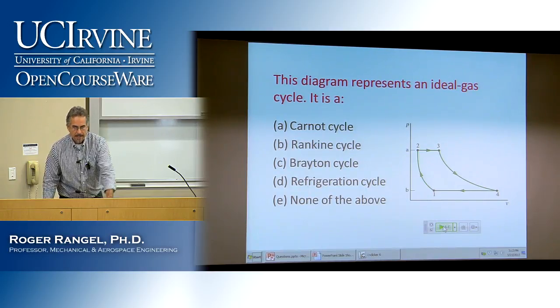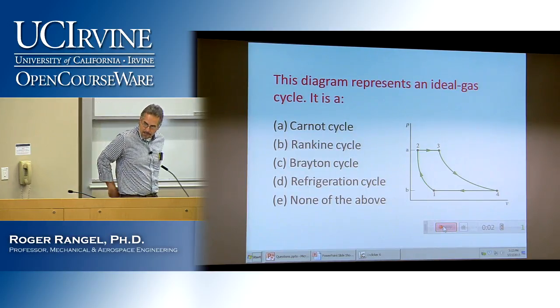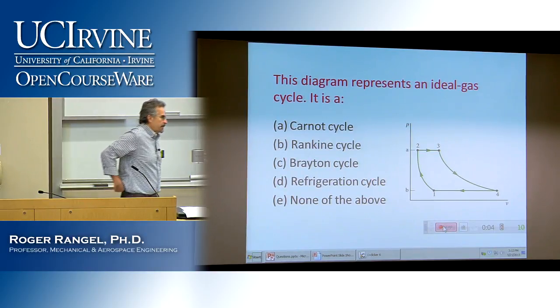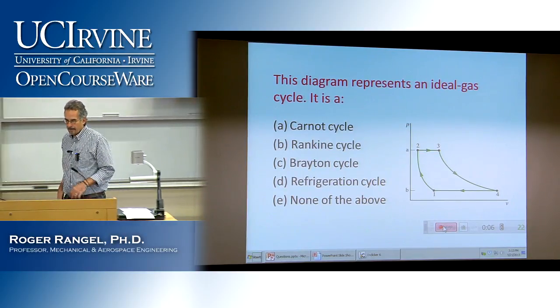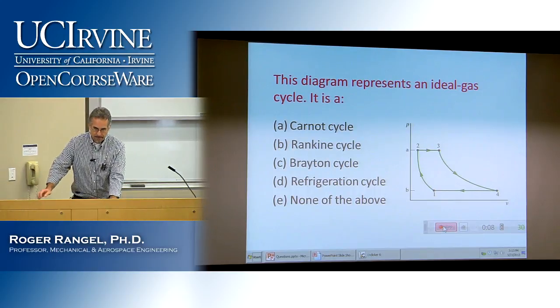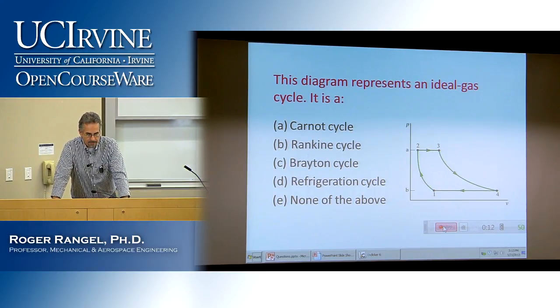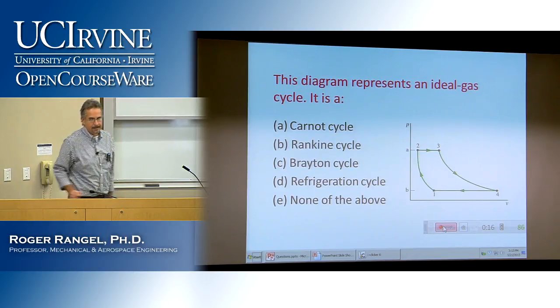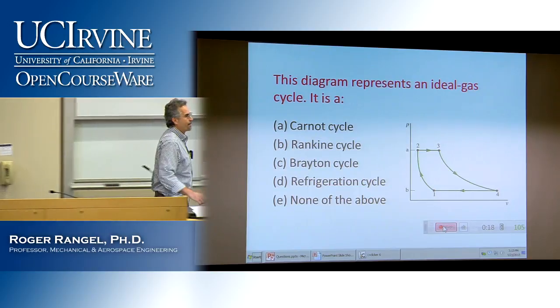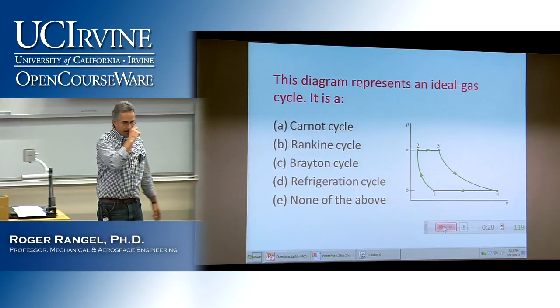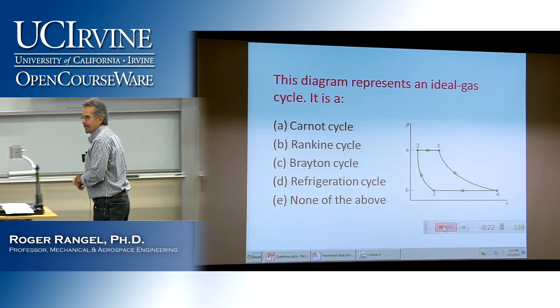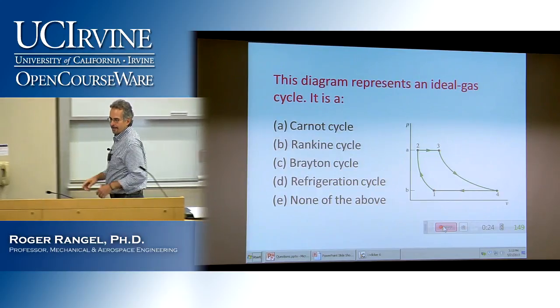Okay, this diagram represents an ideal gas cycle. So this is for an ideal gas. Which cycle is this? Carnot, Rankine, Brayton, refrigeration cycle, or none of the above? So you may have to go back and look in your notes unless you remember.